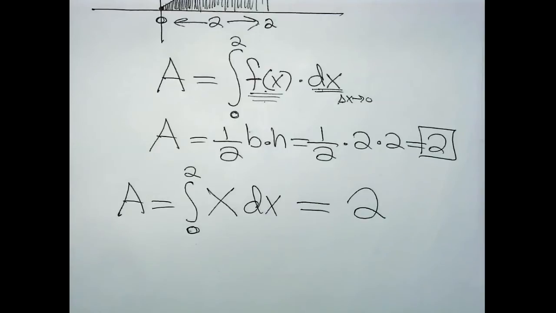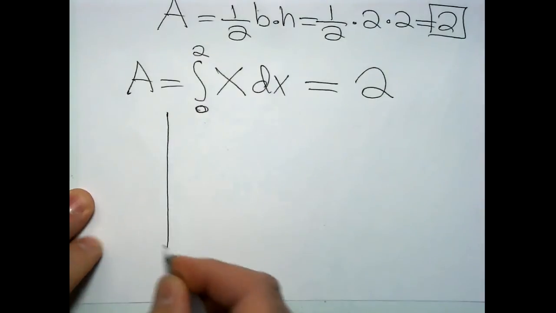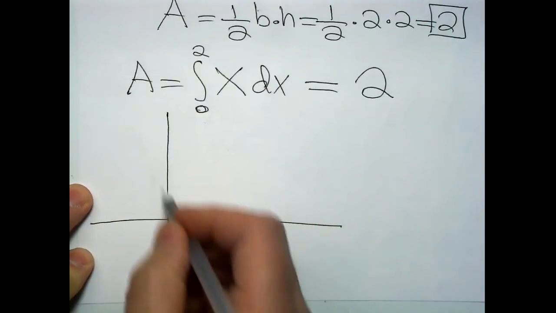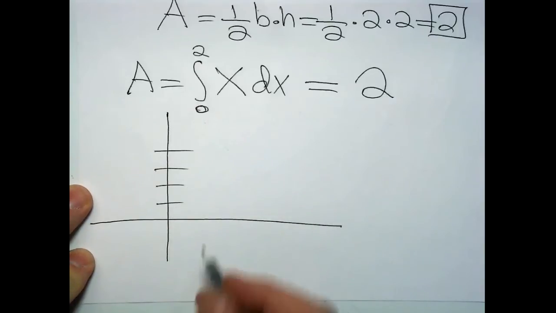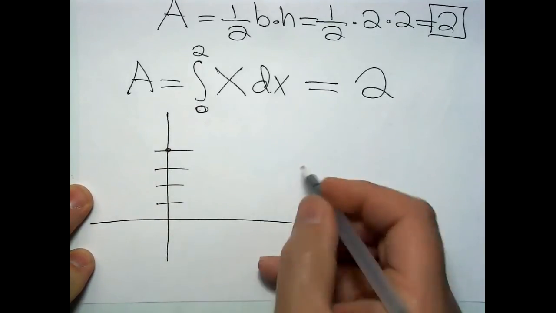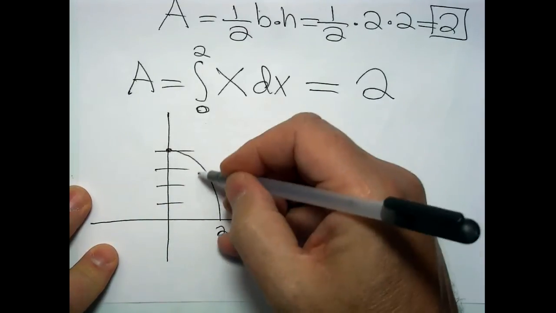The definite integral is the area of the region beneath the curve up against the x-axis. Okay. So here we got 4 minus x squared.